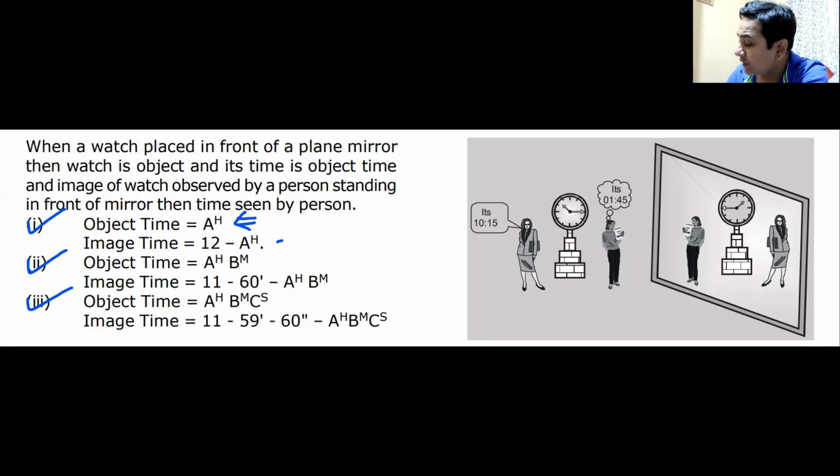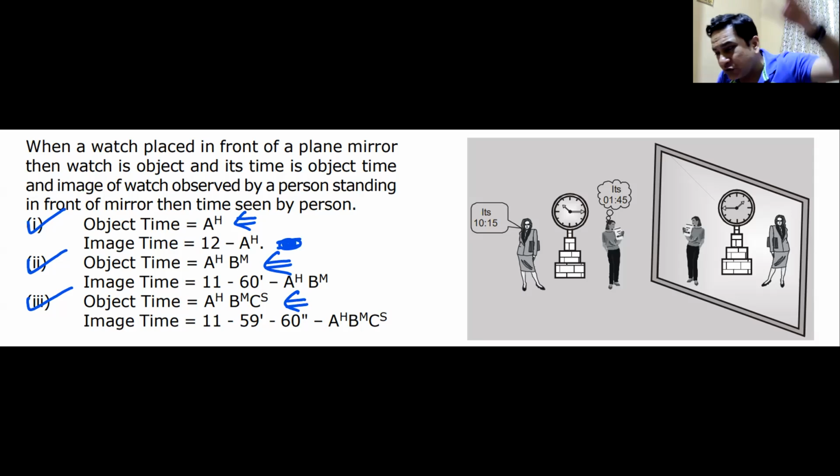In case number 2, we have hour, as well as minute. 5:15, 5:20, 5:30, that is the time. In the third case, you have seconds also, 5, 15, 20 seconds. If the mirror clock is showing 5 p.m., 12 minutes, 20 seconds, what is the actual time? Do we understand the 3 types of variations?